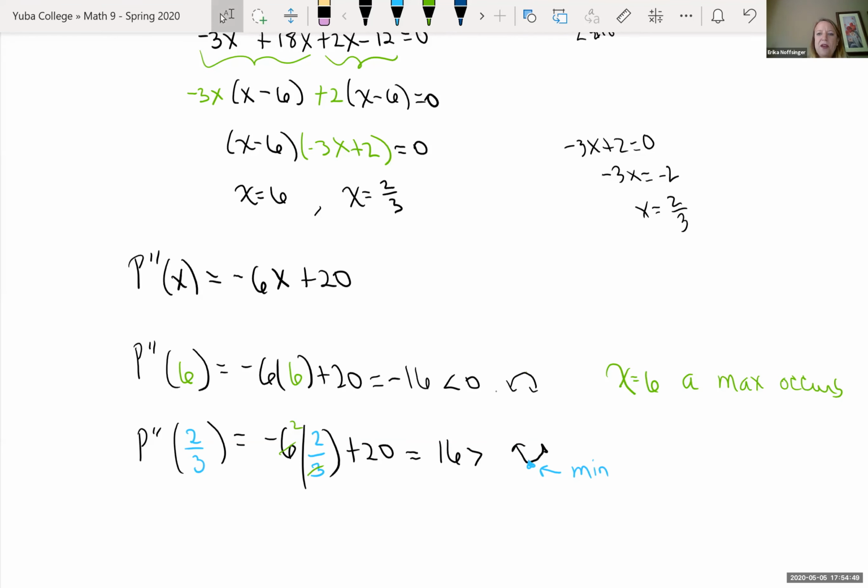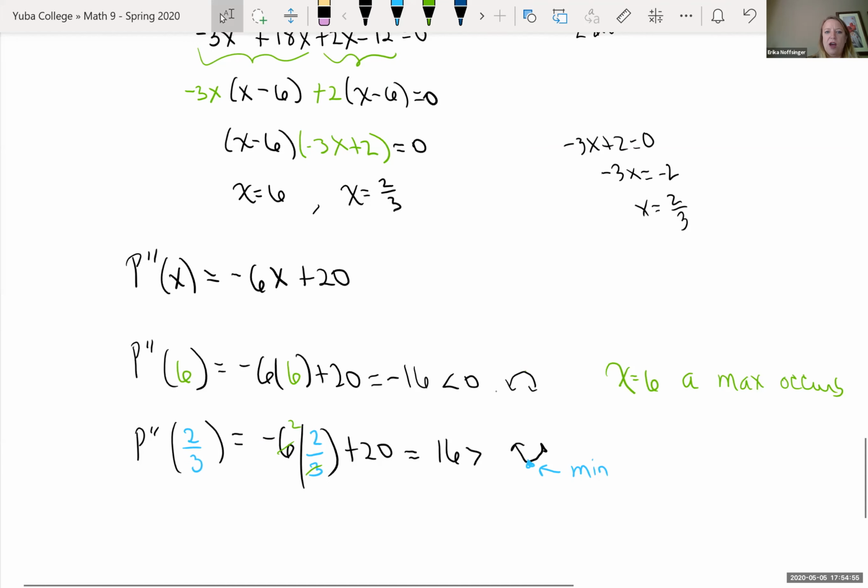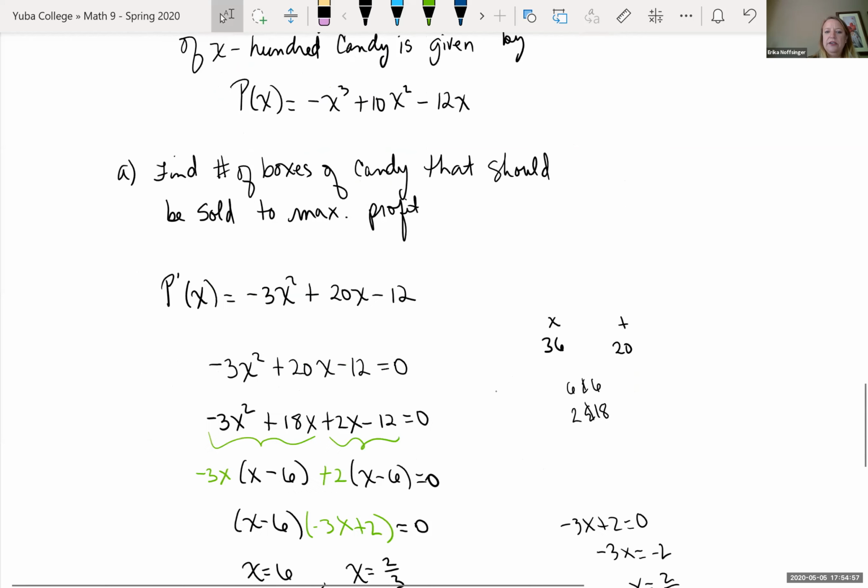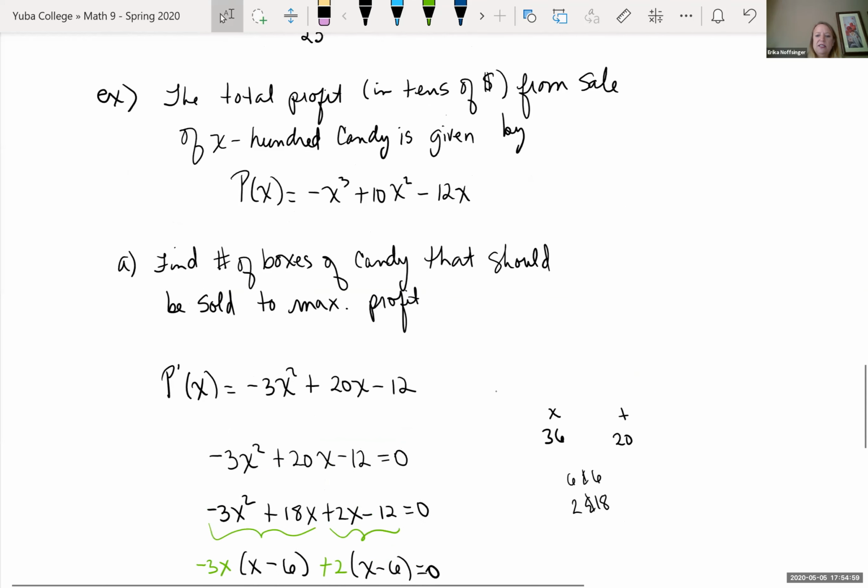And so I'm not wanting minimums. I'm looking at what maximizes my profit. So it said find the number of boxes of candy that should be sold to maximize the profit. Okay, so look at this. X is in terms of hundreds of candy.